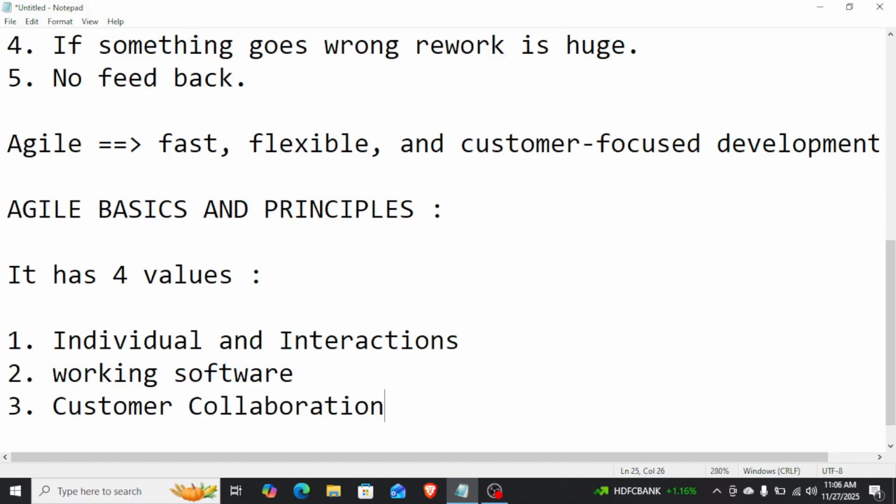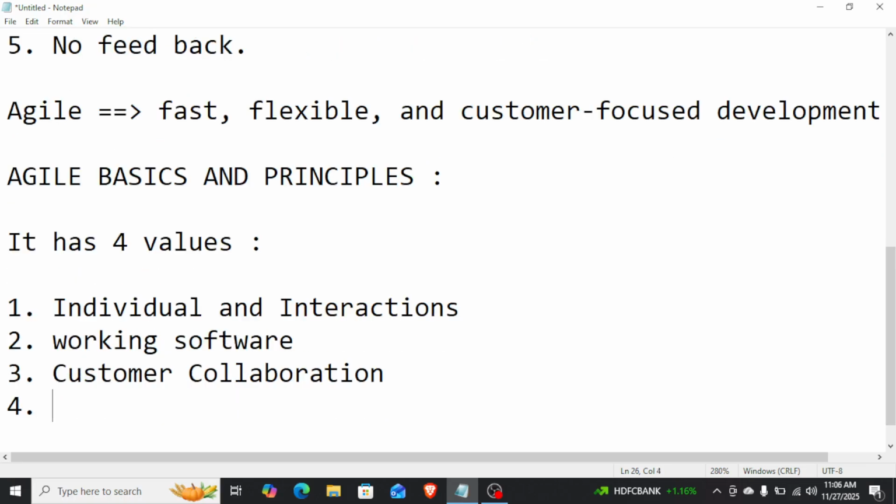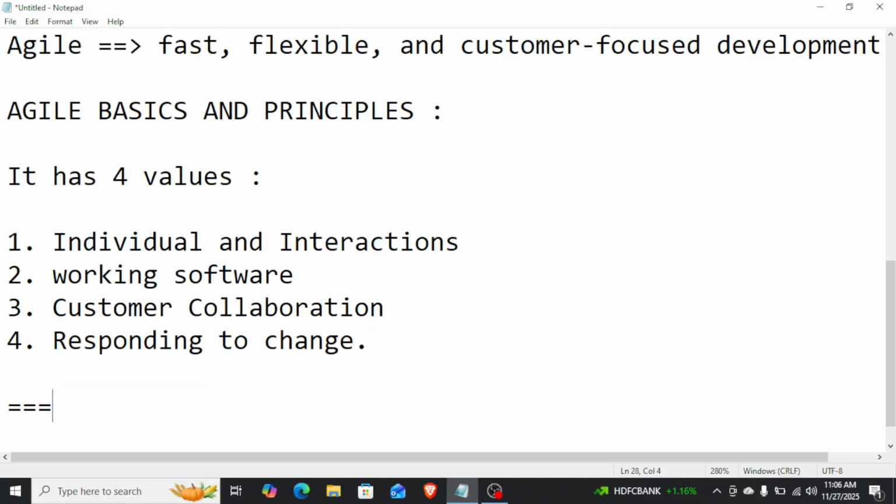And the fourth value is responding to change. Agile has 12 principles, but I will explain the most important ones of the 12 principles.